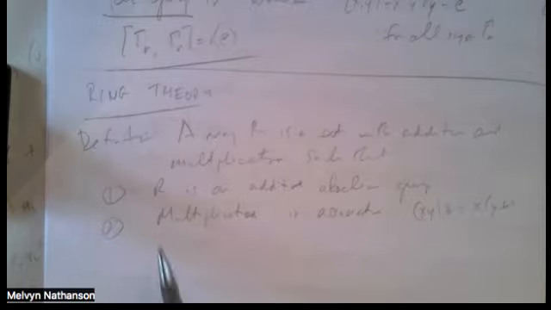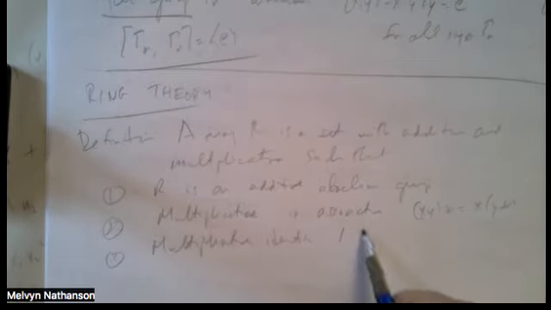That means xy times z is the same as x times yz. Third, there's a multiplicative identity 1, an element such that 1 times x and x times 1 is equal to x for all x.